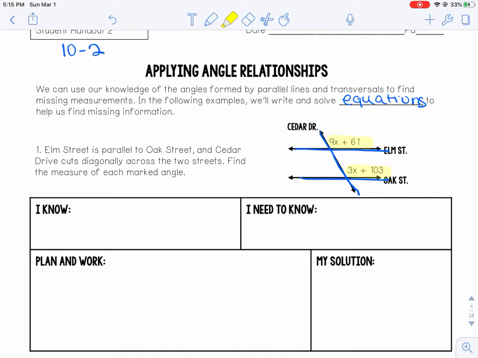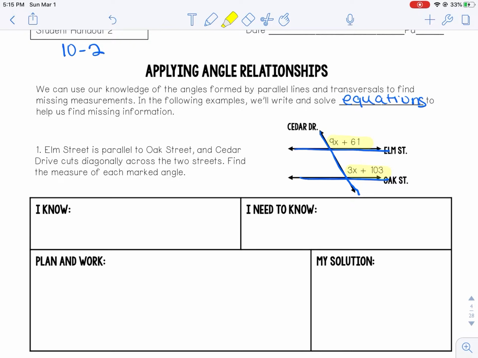The first thing that we want to do is figure out if those two expressions are equal to each other, or if they're supplementary to each other. The way that we figure that out is we use our definitions that we learned in 10-1. What kind of angle relationship do we have? Well, the top expression is located on the right of the transversal on the top of the parallel line.